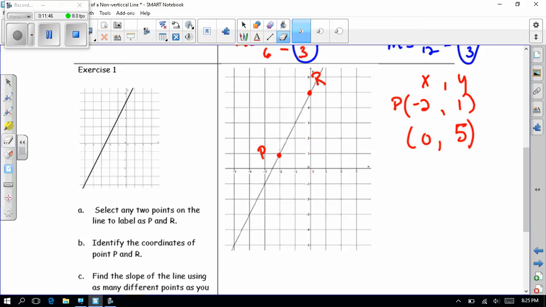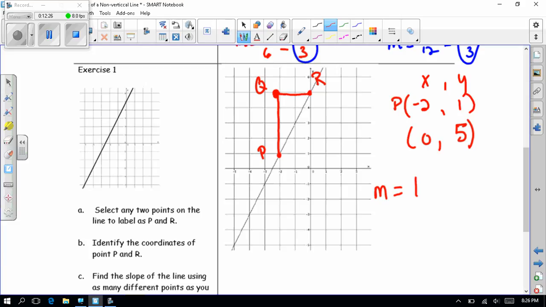I'm going to just erase those dots because those were just for me to be able to count, so you could see what I was doing. So I do have lines on this graph, so I could easily count my slope between the one point and the other. I'm going to actually label this a Q. And I don't know if you remember, going back to one of our last lessons, we showed you a notation about the length of a line, and we showed it with the absolute value signs.